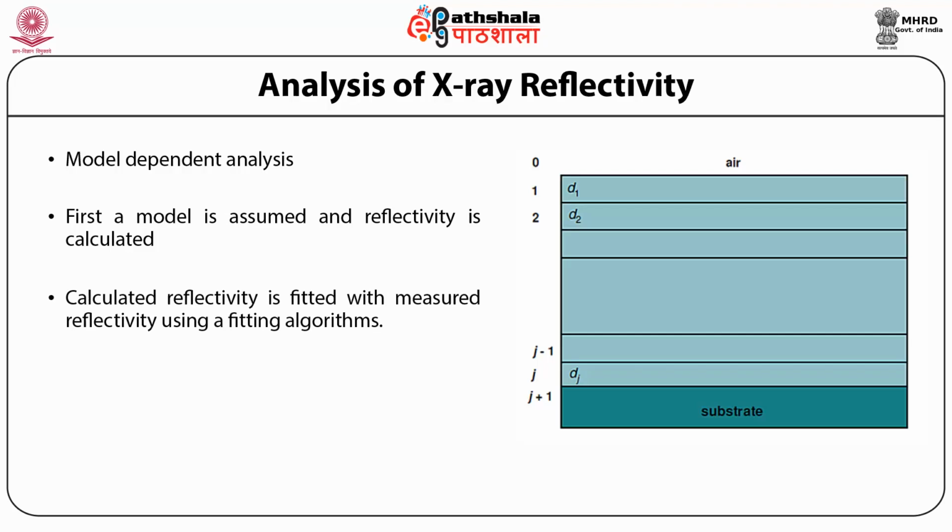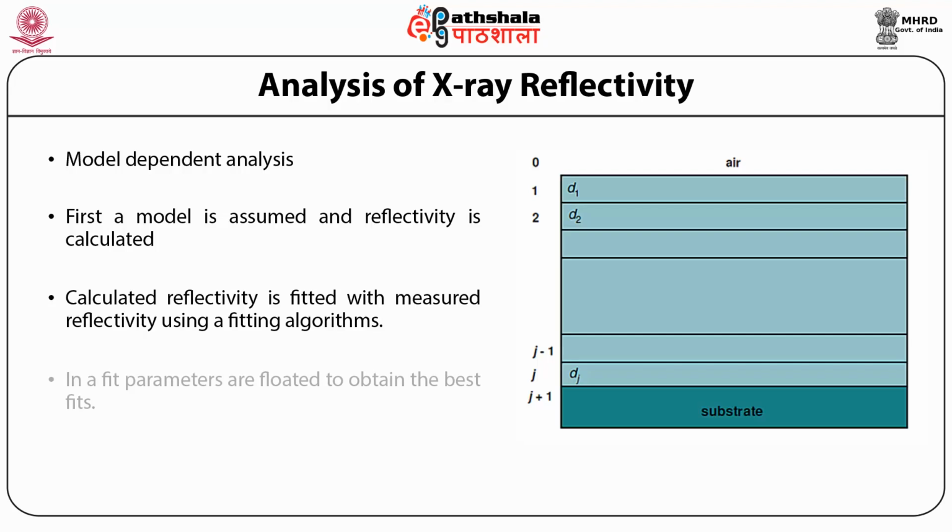Then we calculate the total reflectivity using this scheme and compare it with the reflectivity measured in the experiment. We then use an algorithm to fit the data, minimizing the difference between the calculated and measured reflectivity profiles.